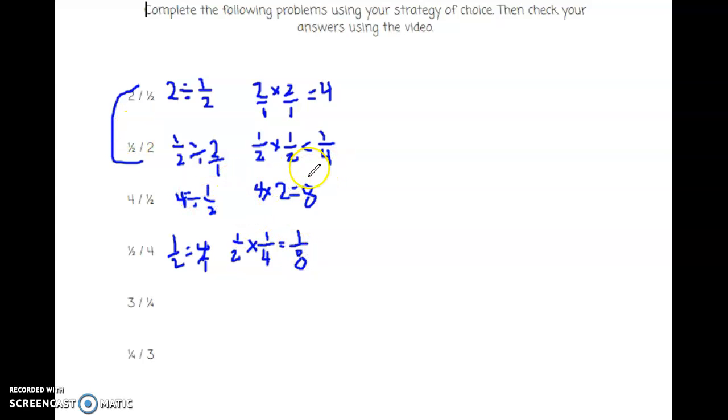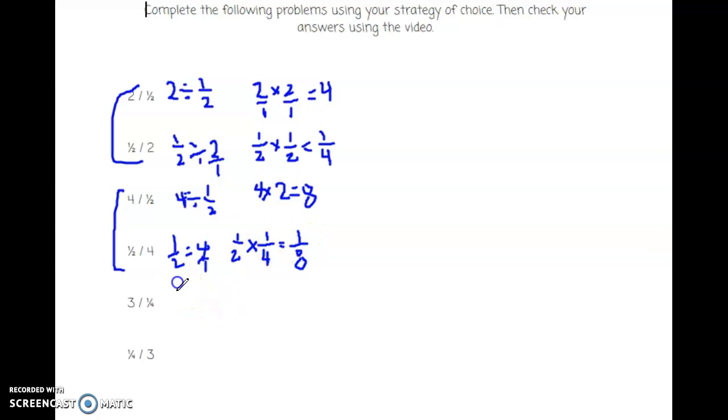If you look, 4 divided by 1/2 is 8, and then 1/2 divided by 4 is 1/8. So you can see that even though they kind of look the same, it's going to be different. Your first number divided by your second number, your answers are going to be different.